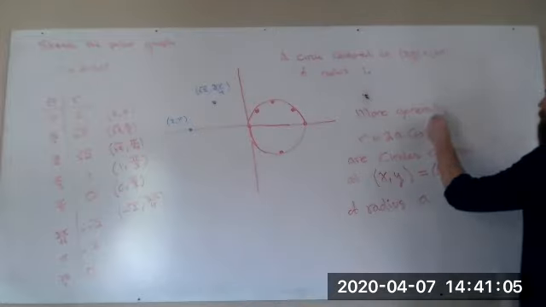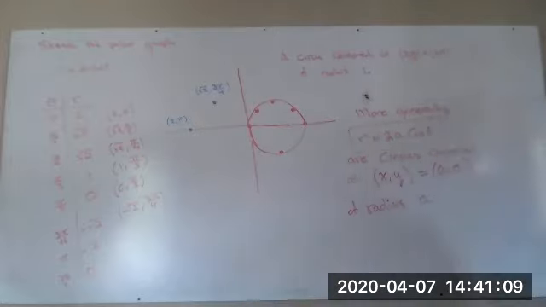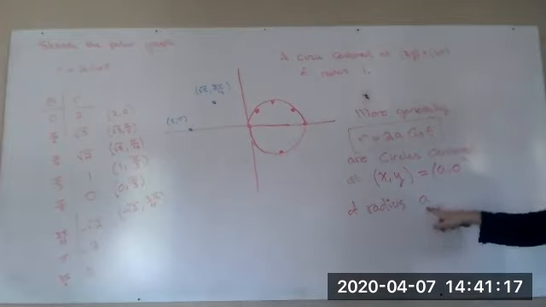So this whole family looks like that. If I asked you to graph r equals 16 cos theta in polar coordinates, you would know that that's a circle of radius 8 centered at the point 8 comma 0.